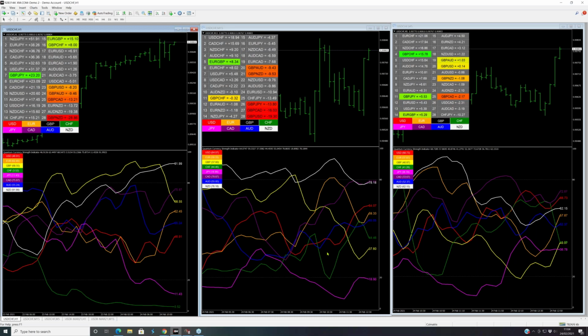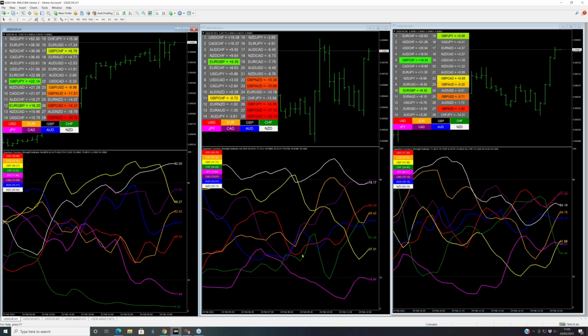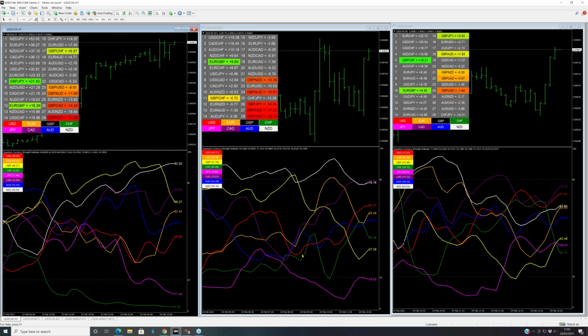So you have the chart that you are looking to take the trade on, possibly in the center, and you have a faster time frame and a slower time frame, and the slowest time frame is what I like to call your benchmark. It's what you're either trading against or trading with in the faster time frames. Now, you can make these up as you like.